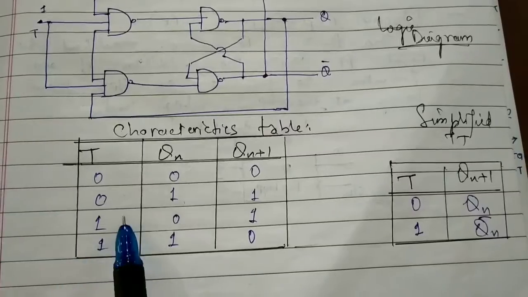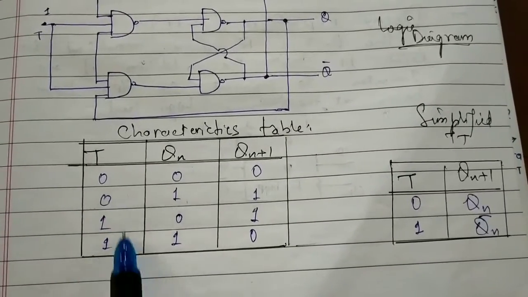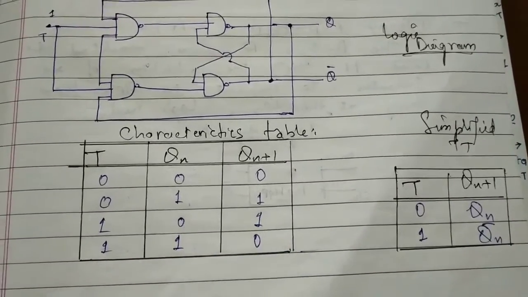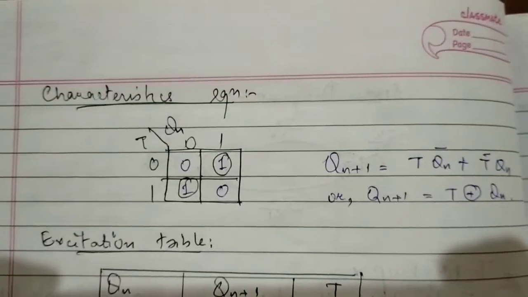And when the input T is 1, for these 2 combinations, Qn plus 1 is equal to Qn bar. That means 0 will become 1 and 1 will become 0.